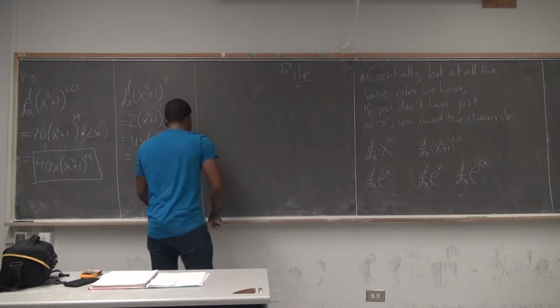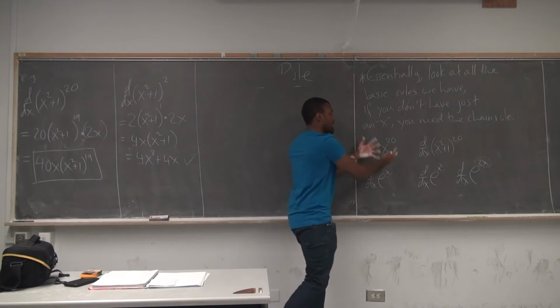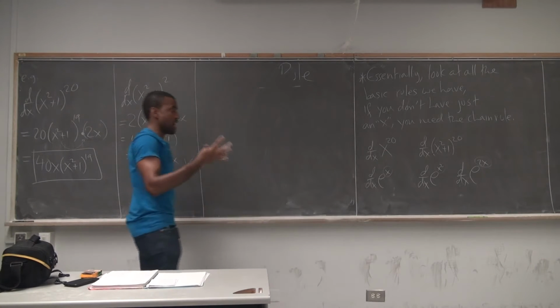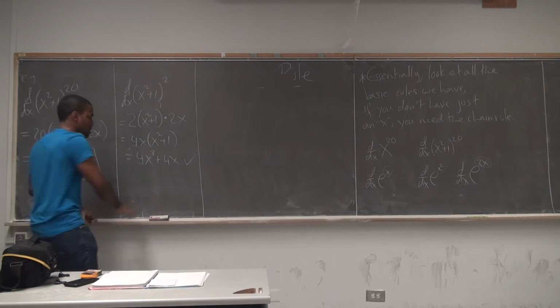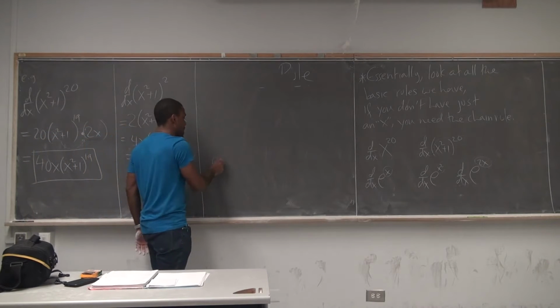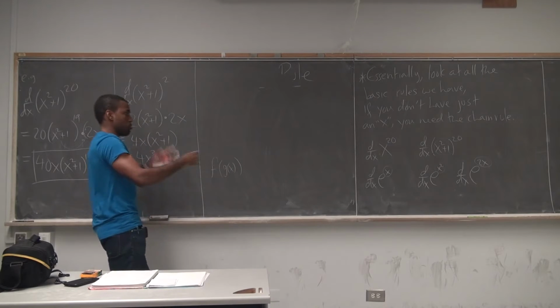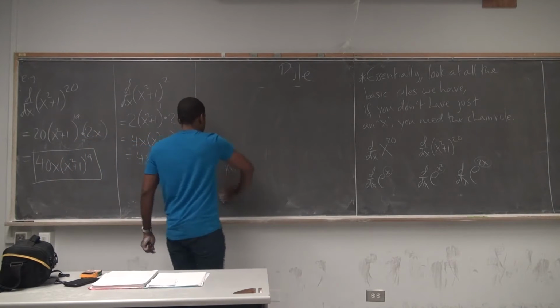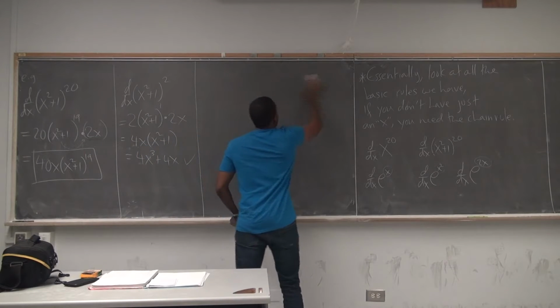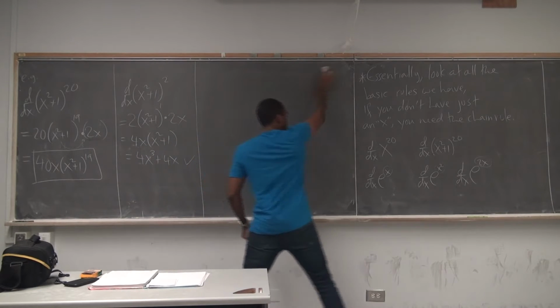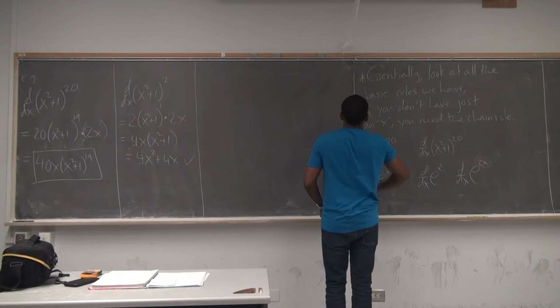So basically, this is the rule that you use when you don't just have an x like your basic rule says. Whenever you have one function plugged inside of another function, whenever you have anything that looks like f of g of x, and your g is not just x, g is something else that could be crazy, then you need what's called the chain rule.